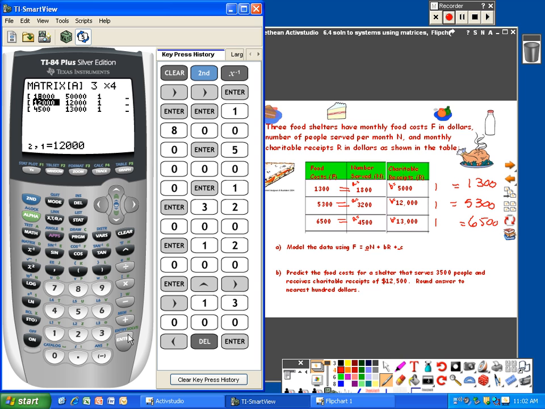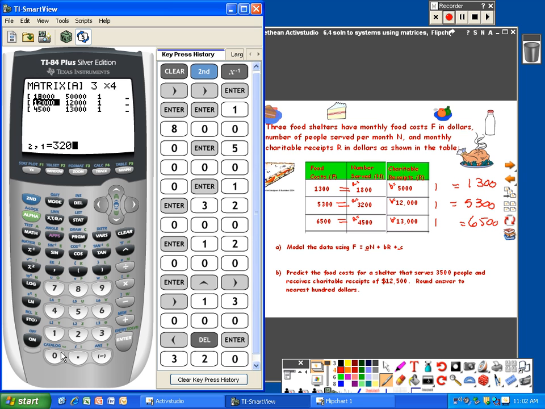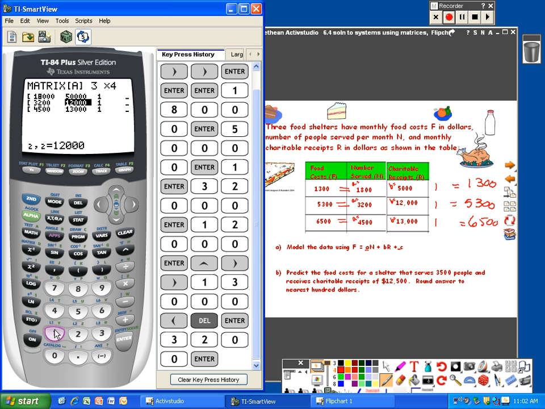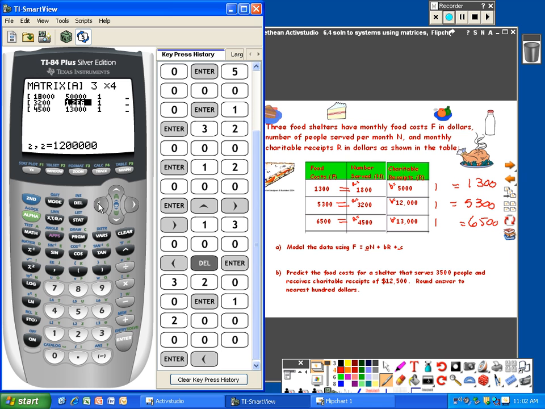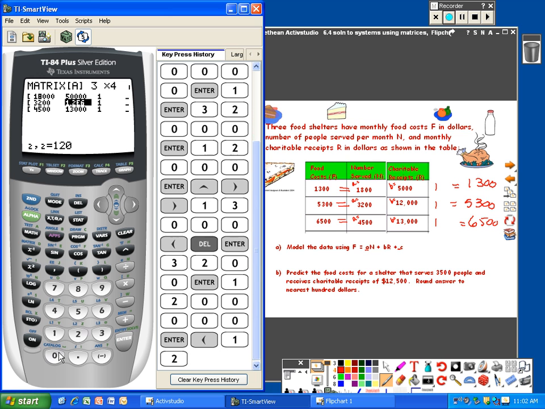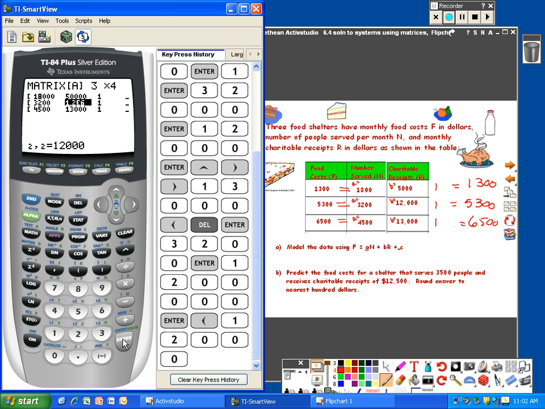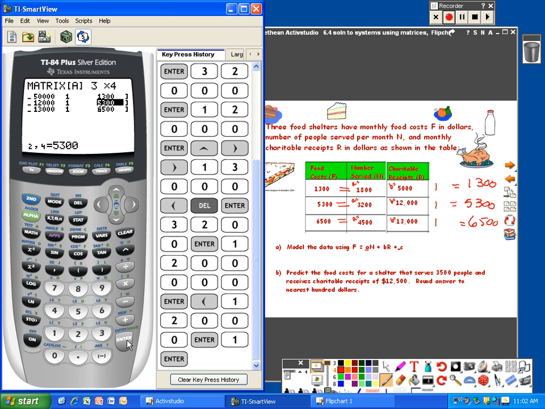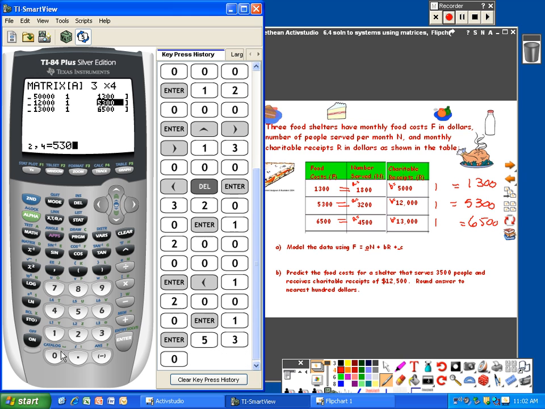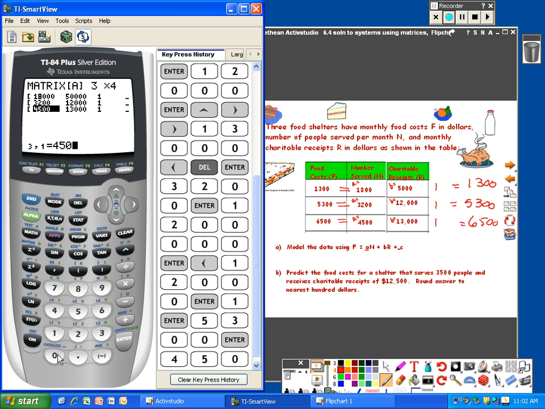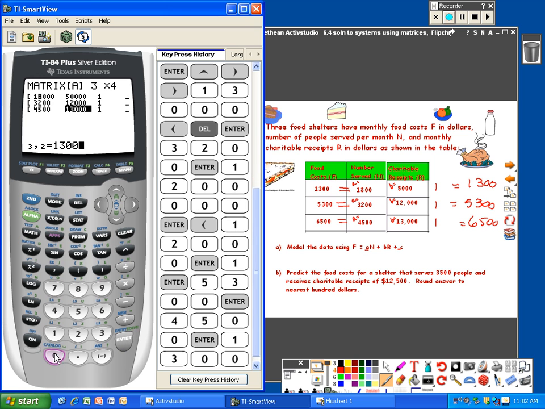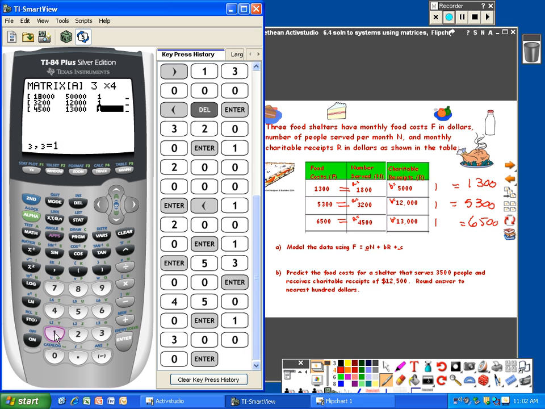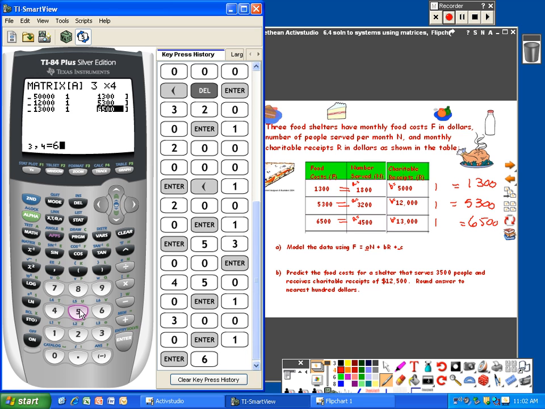Okay, and then I have 3,200 in my second row. 12,000. 1, 2, 3. 1 and 5,300. And then I have 4,500. 13,000. 1 and 6,500.